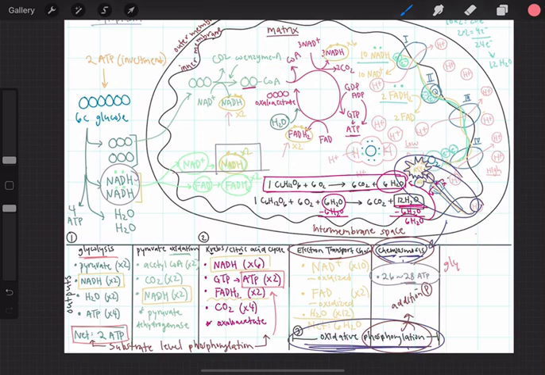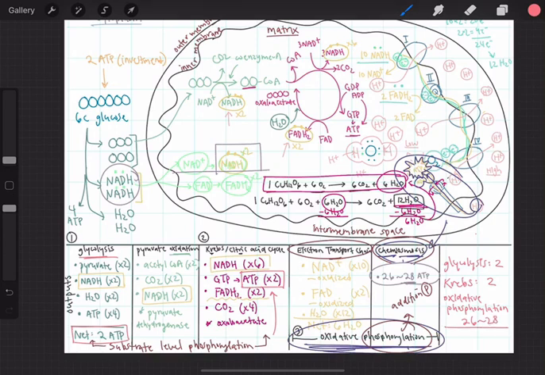So I'm going to write here, glycolysis made 2, the Krebs cycle made 2, and then oxidative phosphorylation makes 26 to 28.